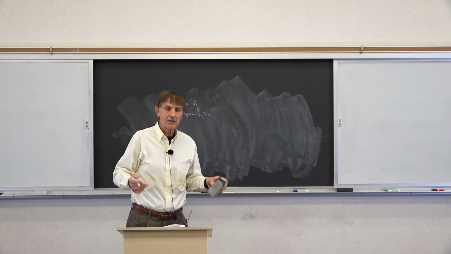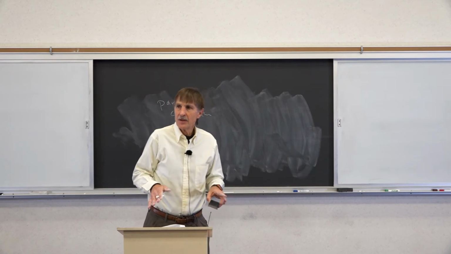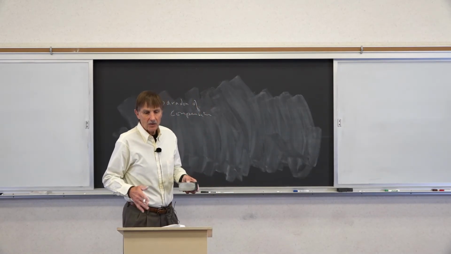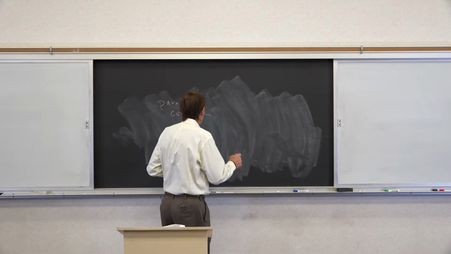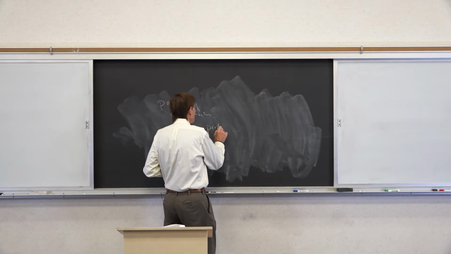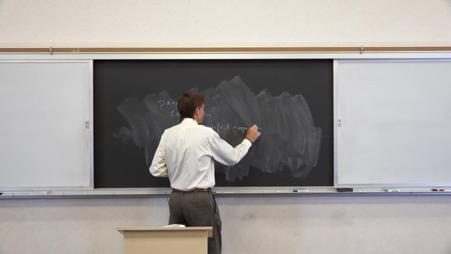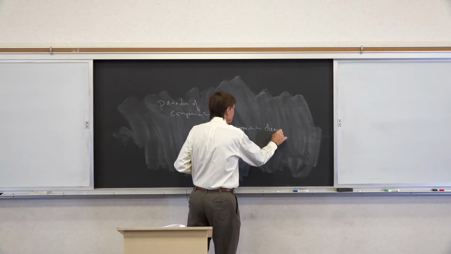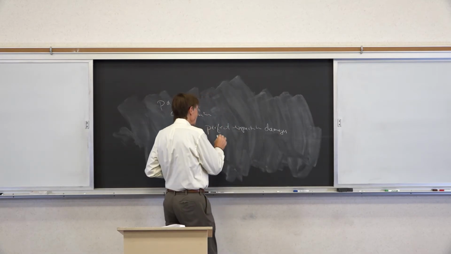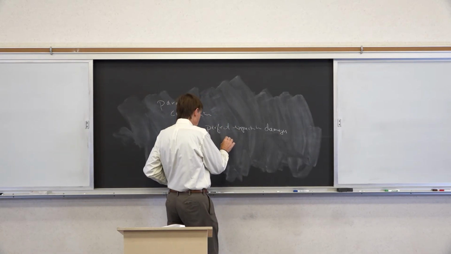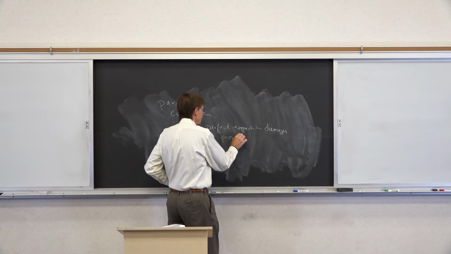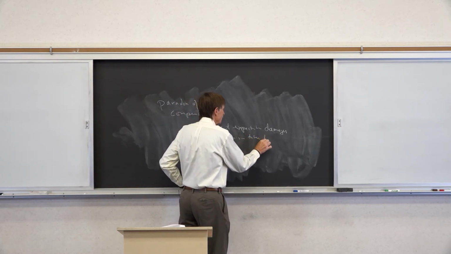That's the paradox here. What is the paradox of compensation? It just says that if you have perfect expectation damages, then what's going to happen is that the promisor will take efficient precaution.